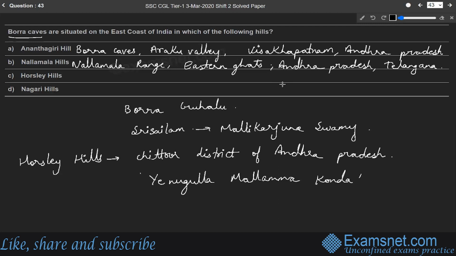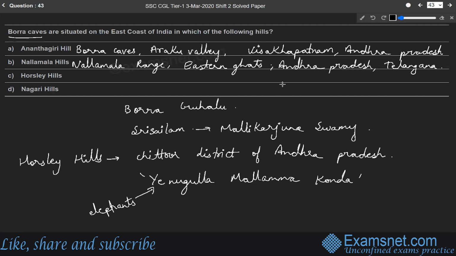It is a unique name. And now about how this name was formed. It was named after a legend of a saintly old woman named Mallamma, who lived at the top of the hills and was fed by elephants. And in that time, elephants were called Yenugulla. So the name was Yenugulla Mallamma Konda.